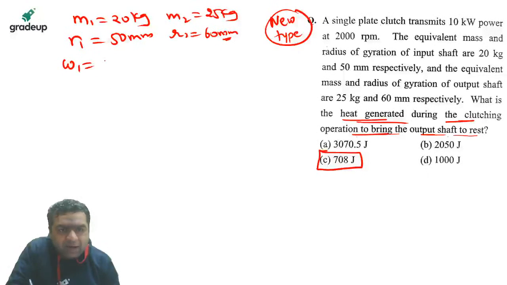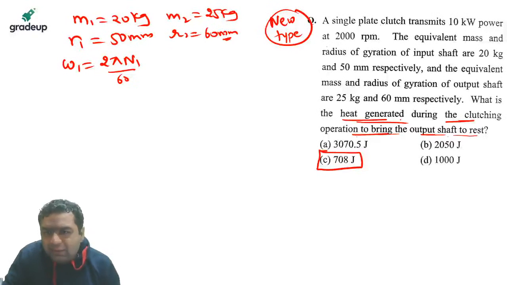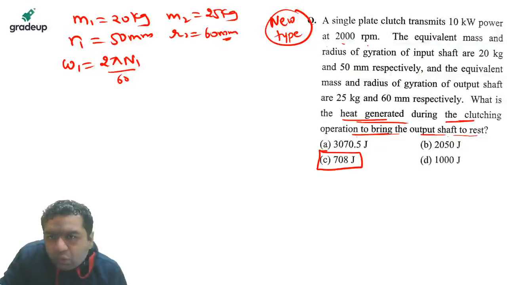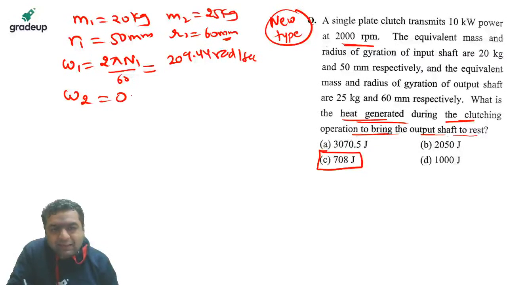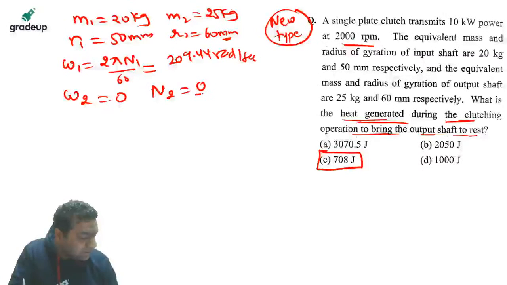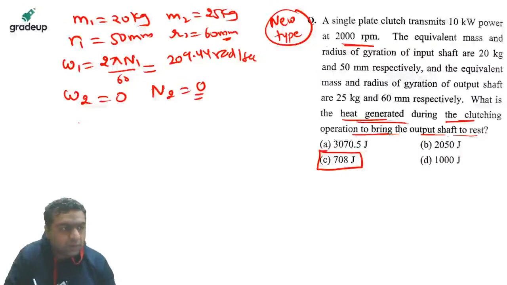Omega 1 you can find out as 2 pi N1 by 60, and it is already mentioned as 2000 RPM. So you will get omega 1 to be 209.44 radian per second. Omega 2 is 0 as the output shaft has to come to rest. So when you talk about this, guys, first of all you will find torque T1.